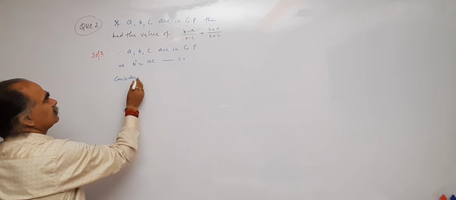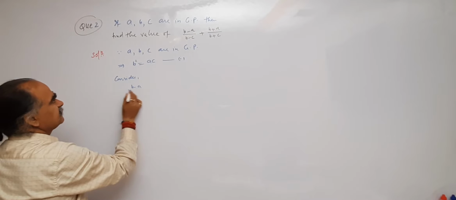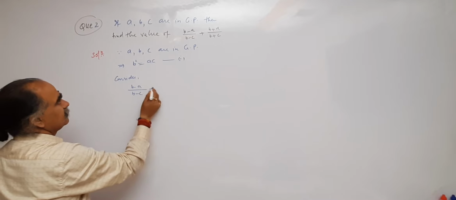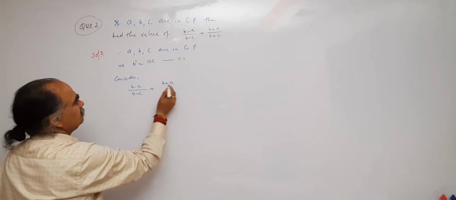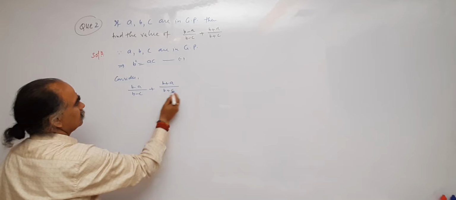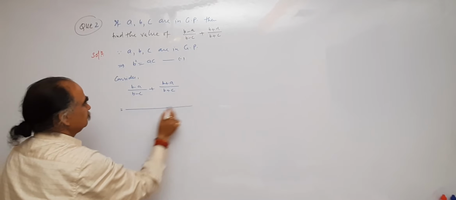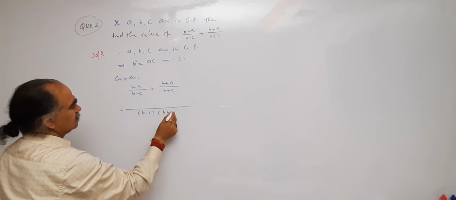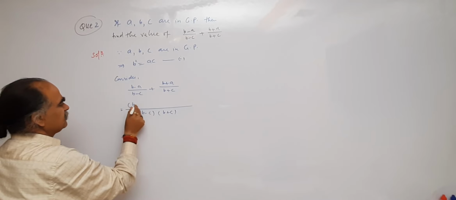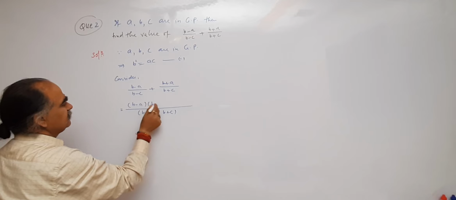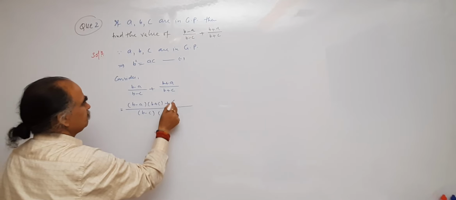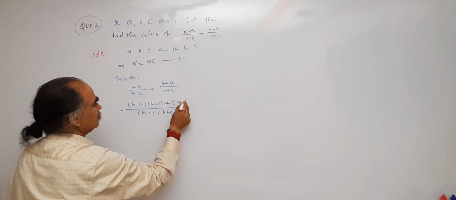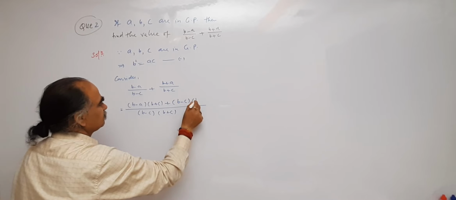Consider b minus a upon b minus c plus b plus a upon b plus c. Take LCM, b minus c into b plus c. So I'll get b minus a into b plus c plus b minus c into b plus a.